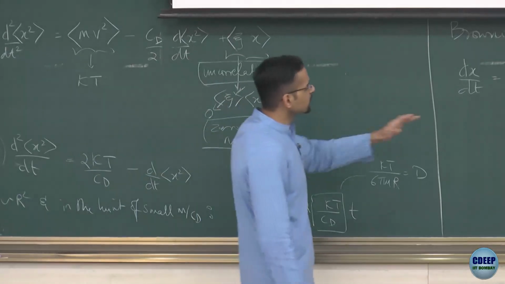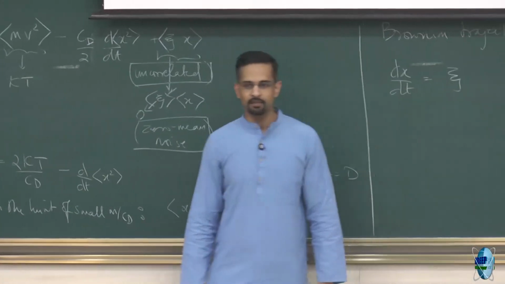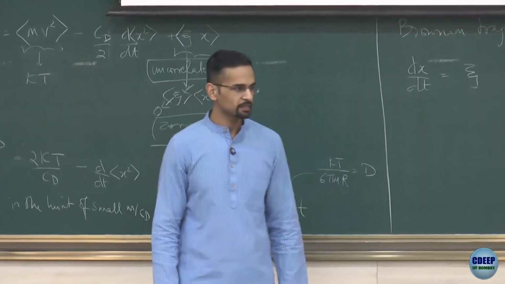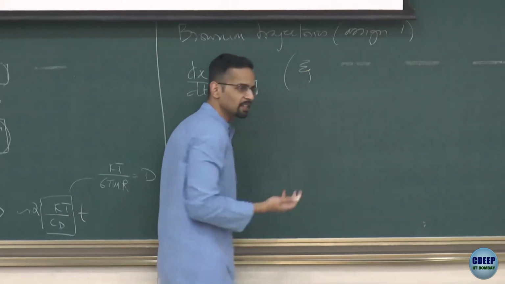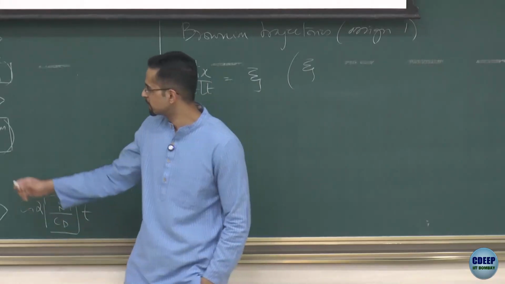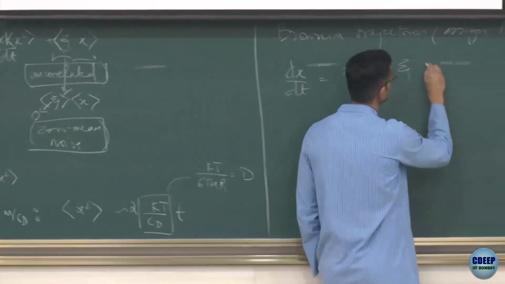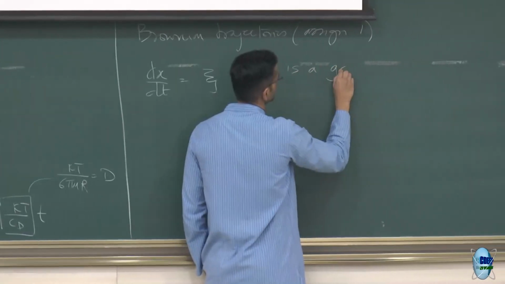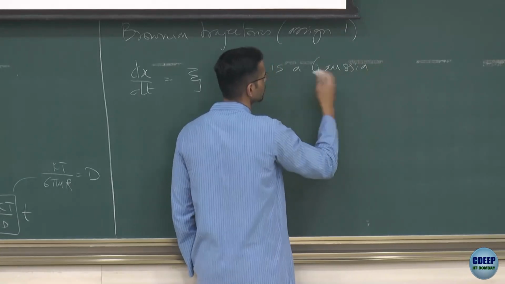And to be specific, in assignment 1 we'll say zeta is a random number which is drawn whenever you need it. That's certainly an assumption that would be okay for Langevin. So I'll say zeta is, to be specific, a Gaussian random number, but you can use uniform or whatever.